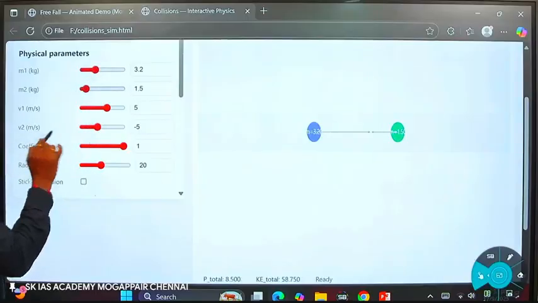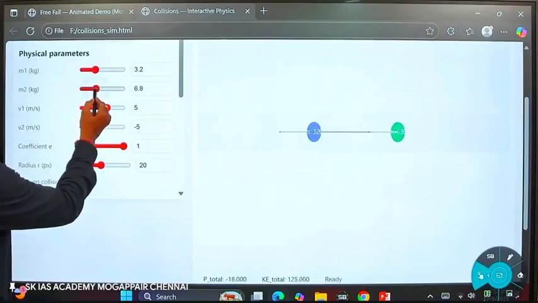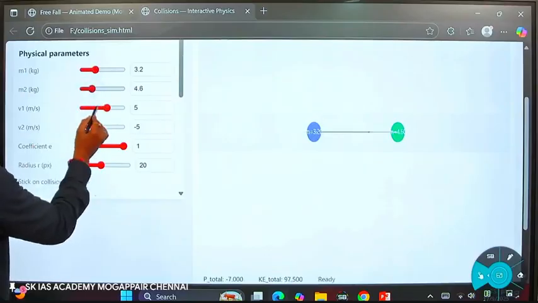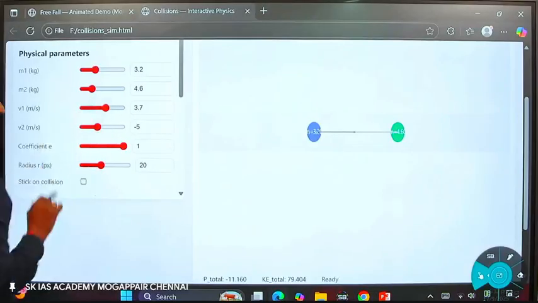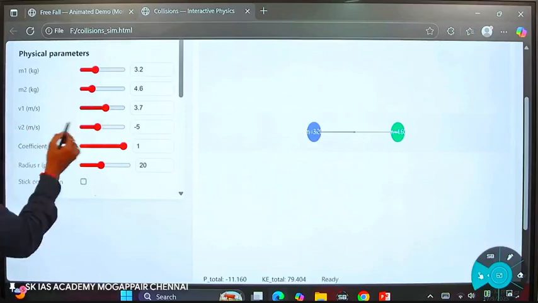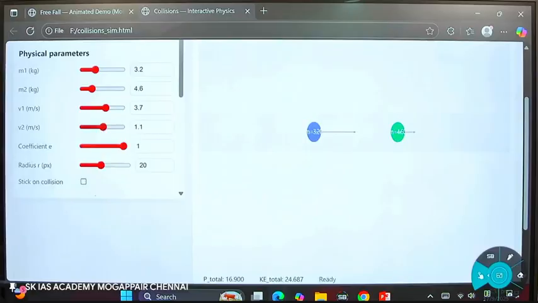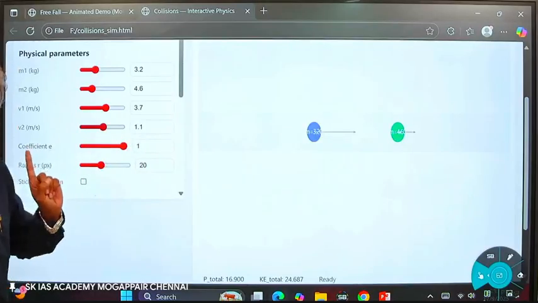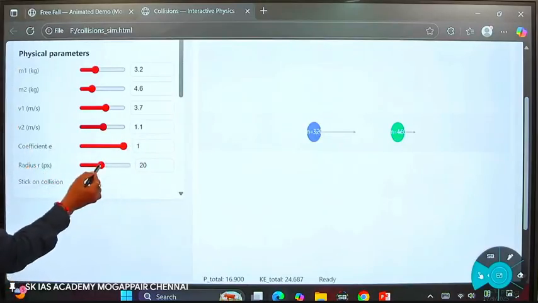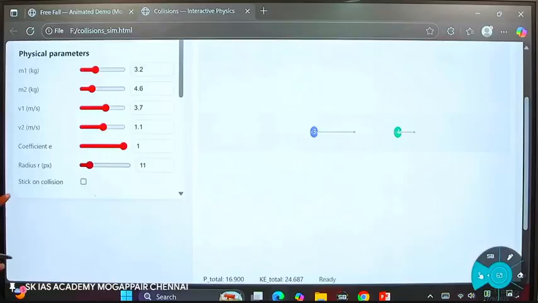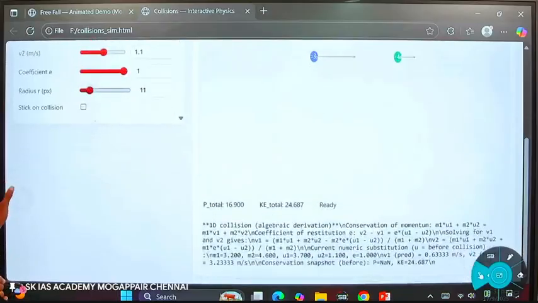M1 mass increases, M2 mass increases, correct? Velocity like this: V1 is the velocity of mass 1, V2 is the velocity of mass 2. Velocity also I am going to increase, 1.1 meter per second. Coefficient of restitution E is equal to 1. Radius 20, I decrease the radius. Now you see how the collision will work.